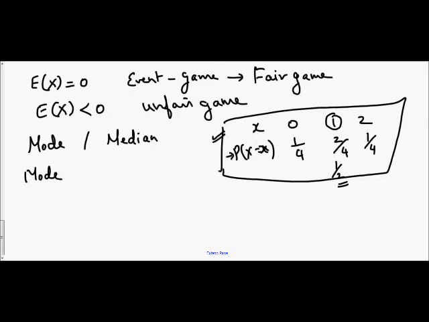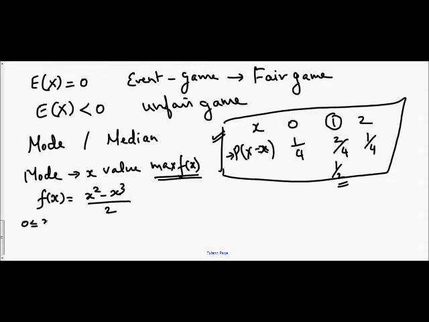In a continuous random variable, mode is the x value for the maximum of f of x. If you find the maximum of f of x, then the corresponding x value gives you the mode. For example, for the same example that we have done just now, when f of x is equal to x square minus x cube over 2, and we assume that the function is defined in this interval.